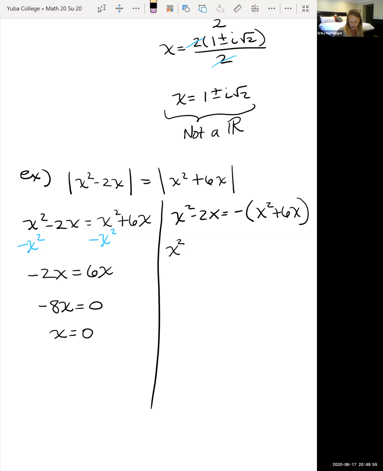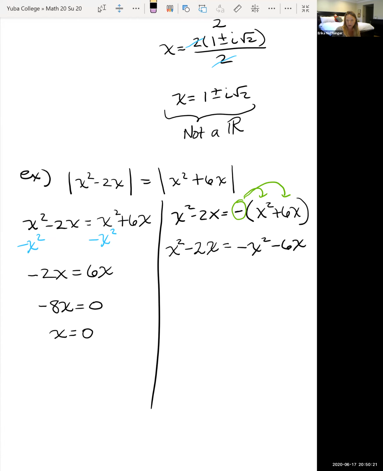So solve the other equation, x squared minus 2x. That negative outside the parentheses, though, has to be distributed, like -1 times the whole thing inside. So this gives us minus x squared and a minus 6x.